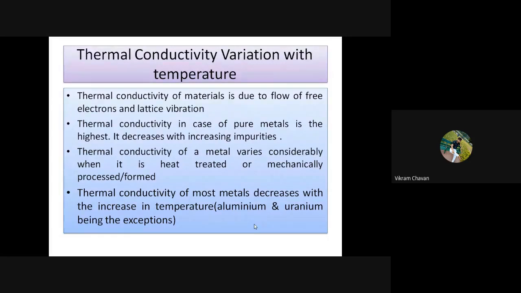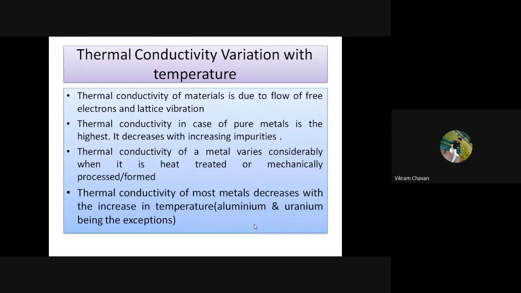In solids, heat is transferred because of lattice vibration and free electrons, and in metals most of the heat is transferred because of free electrons. But as we increase the temperature, the molecules of a metal start vibrating at their mean positions very rapidly, and they create obstacles for the free electrons.